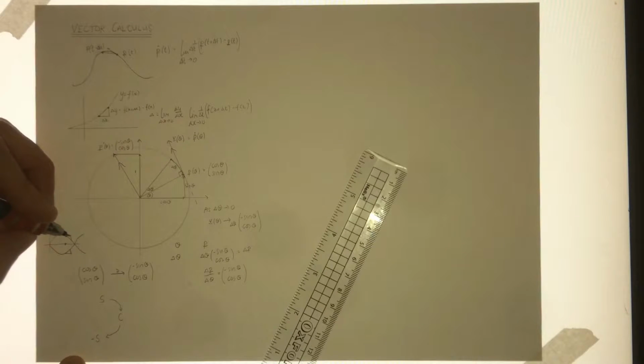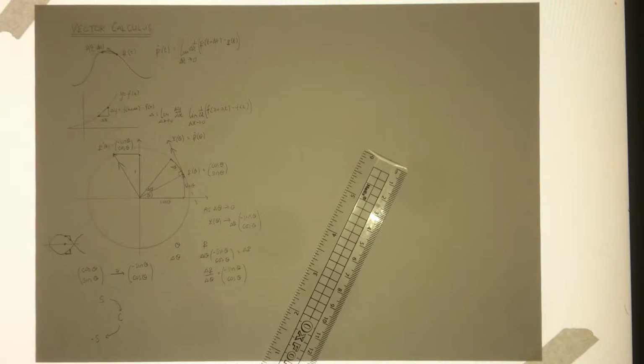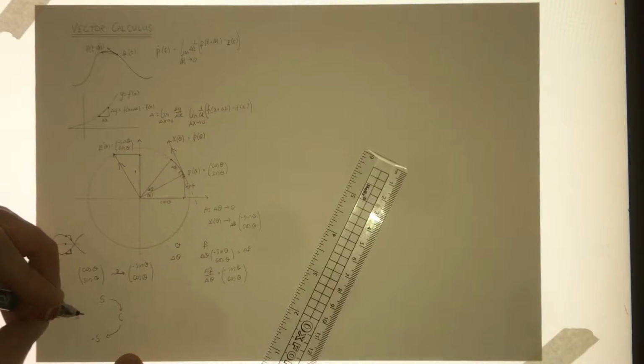Yeah, for a given x we're going down by this amount. Now for that same given x we're going up by the same amount. So minus sine is just going to differentiate to minus cos, which will differentiate back to sine.